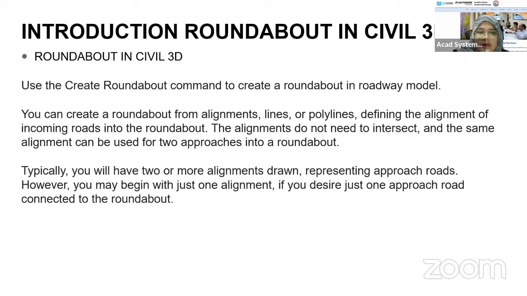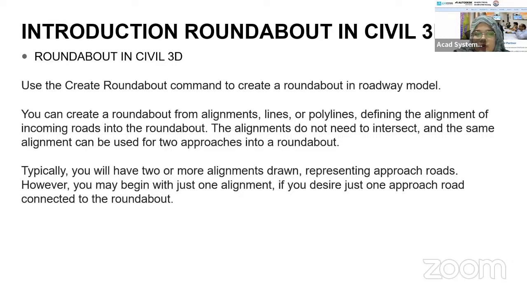We will create the roundabout from alignments, lines, or polylines, and you can also define the alignment from the incoming road into the roundabout. The alignments don't need to intersect, and from the same alignment you can also create two approaches within the roundabout.